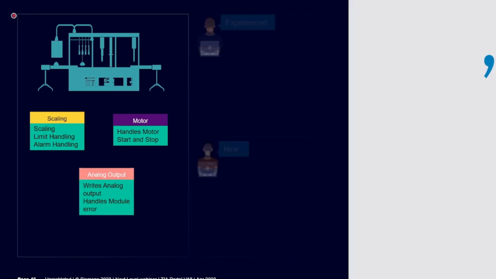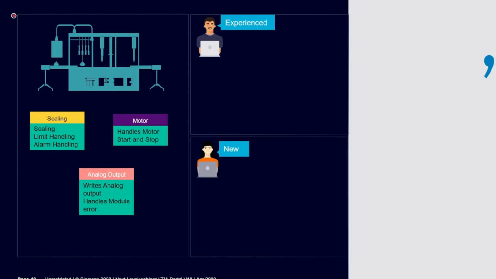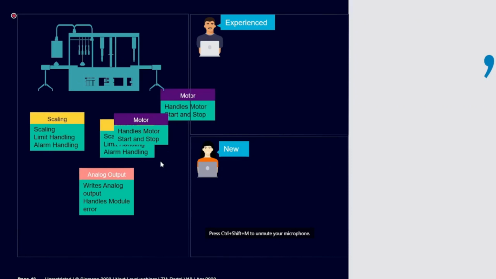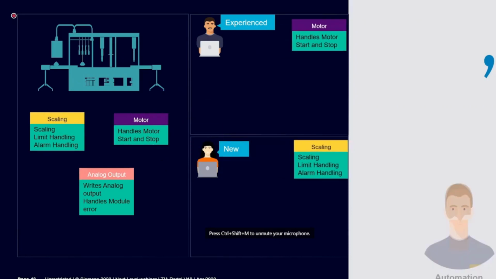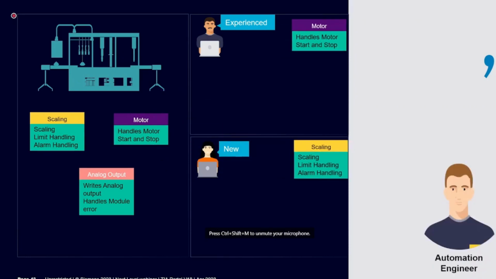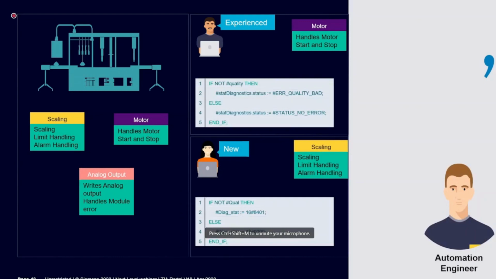He is handing this development over to two people, one who is already experienced with PLC programming, and the second who is new to his organization. So what is the question that is rising?